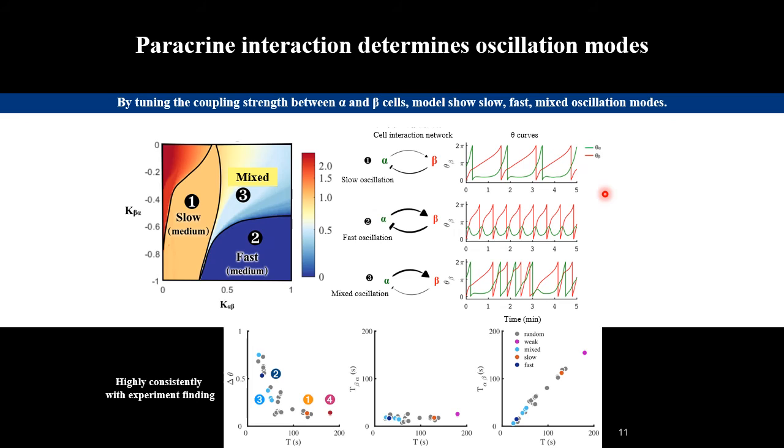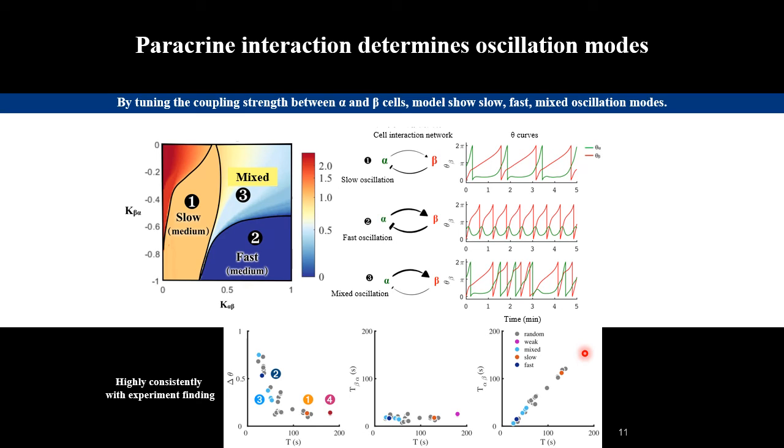And similar to the experiment, we can also further analyze the relationship between the waiting time and the period and the phase shift. Again, we found it highly consistent with the experimental finding, where the phase shift depends on the period in an inverse proportional function manner, and that's because the alpha cell waits a constant time, and the beta cell's waiting time determines the period.